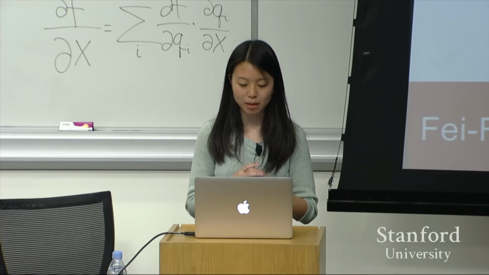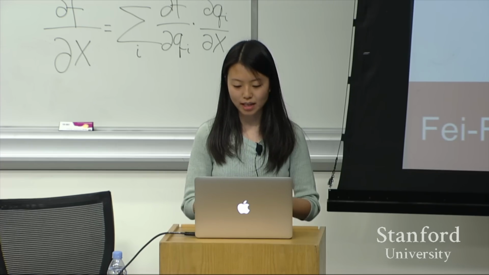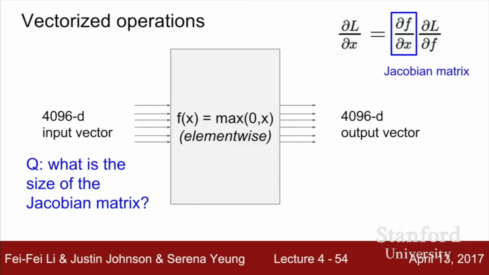Remember I said earlier the Jacobian matrix is a matrix of partial derivatives of each dimension of the output with respect to each dimension of the input. The answer I heard was 4096 squared, and that's correct. So this is pretty large, 4096 by 4096.